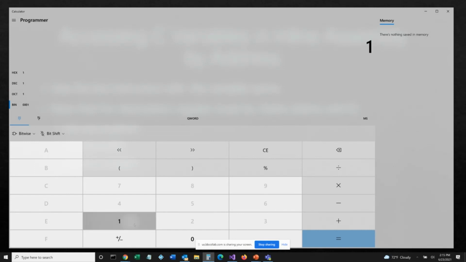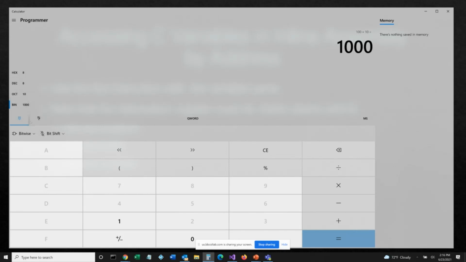I can enter a number, and that number 100 is actually 4 in decimal, and then I can multiply that by another number, 10, which is 2 in decimal, and that's going to equal 1000, which is 8 in decimal.